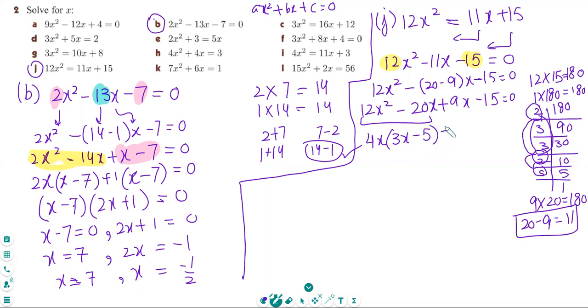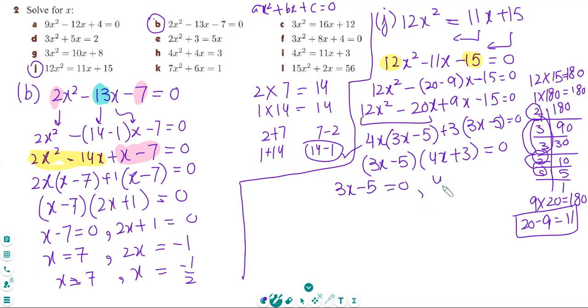Similarly, here we have 3 common, right? And the leftover will be 3x minus 5 is equal to 0. 3x minus 5, this expression is common. So 3x minus 5 taken as common, and the leftover will be 4x plus 3. So according to the null factor law, it will be 3x minus 5 equal to 0 or 4x plus 3 equal to 0, right?